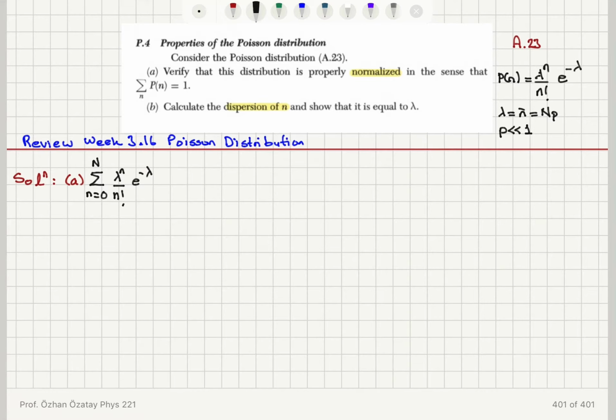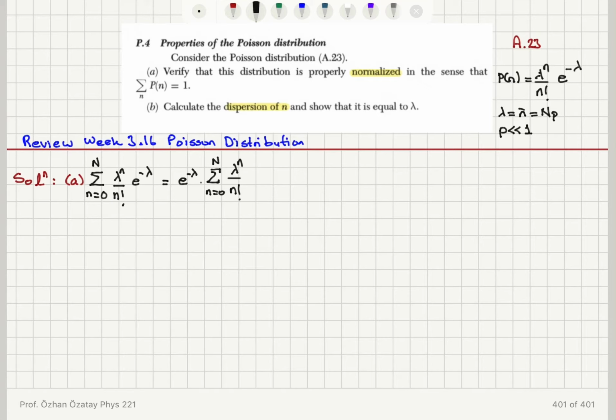So in this summation, since e to the minus lambda does not include an n term in it, it can be taken out of the summation. So we have sum n equals 0 to capital N, all possible values of n, lambda to the power n divided by n factorial, where lambda is small because p is much less than 1.